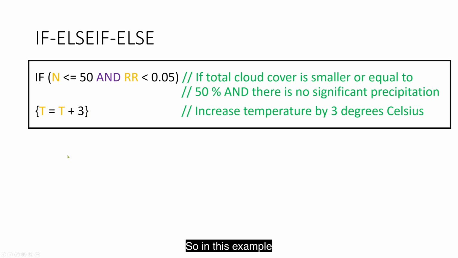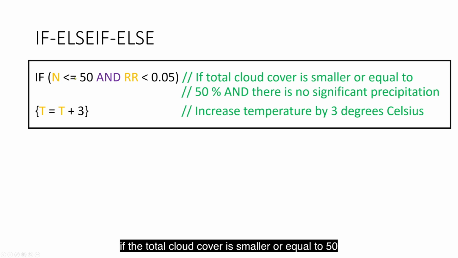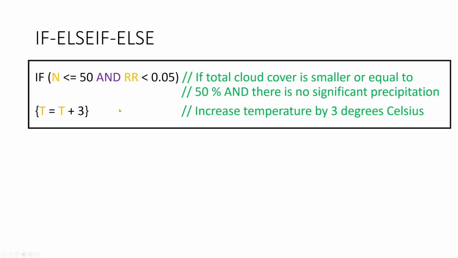So in this example, if the total cloud cover is smaller or equal to 50, and the precipitation rate, so the precipitation intensity, is less than 0.05 millimeters per hour, the temperature would be increased by 3 degrees Celsius. So, if either one of these is not fulfilled, this action won't happen.